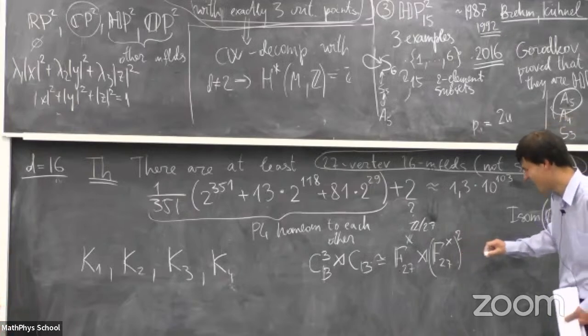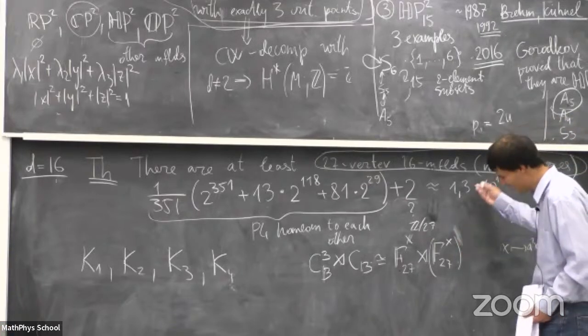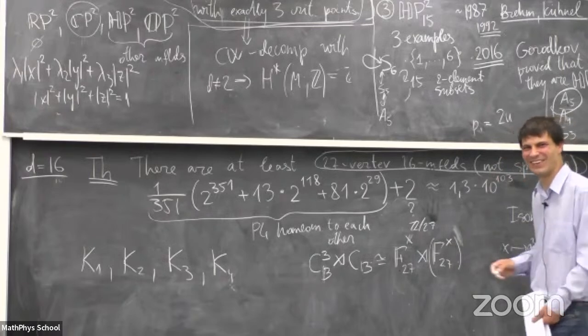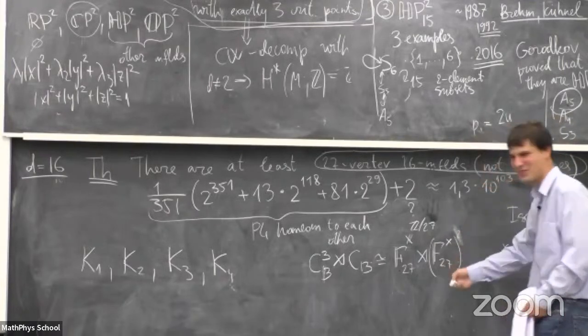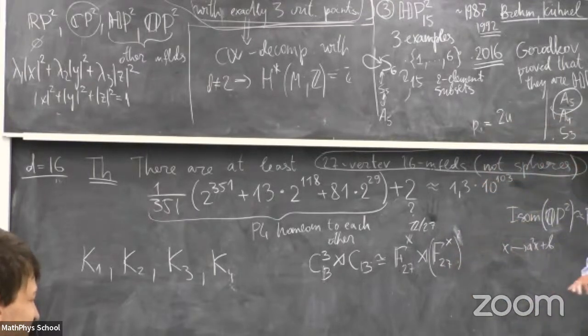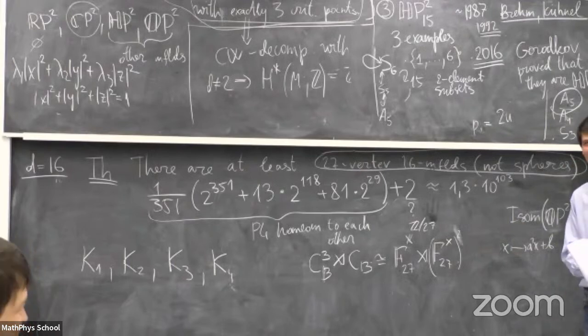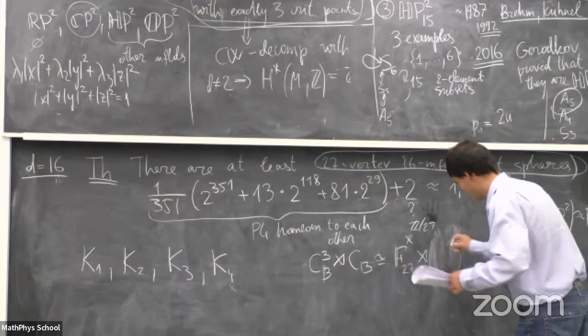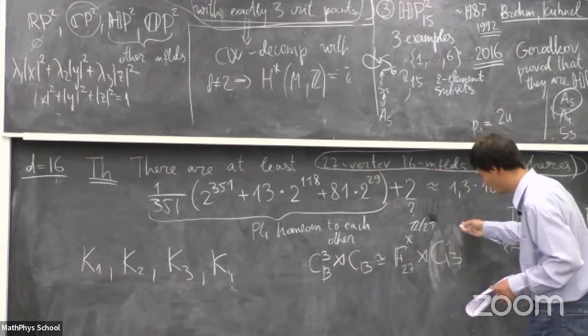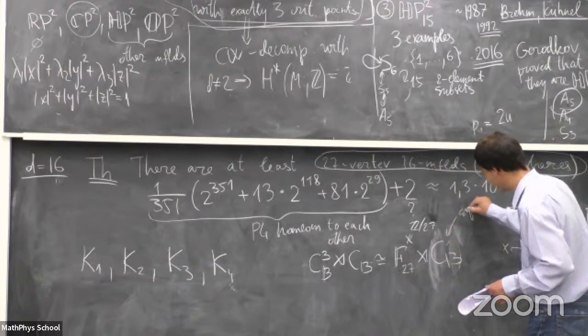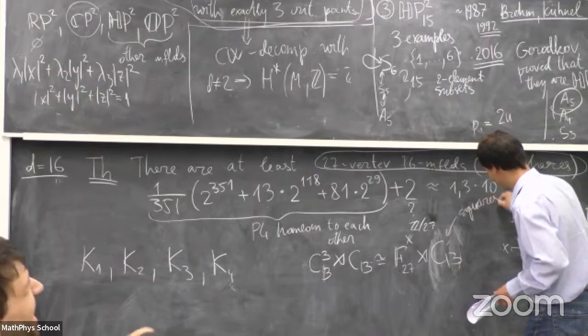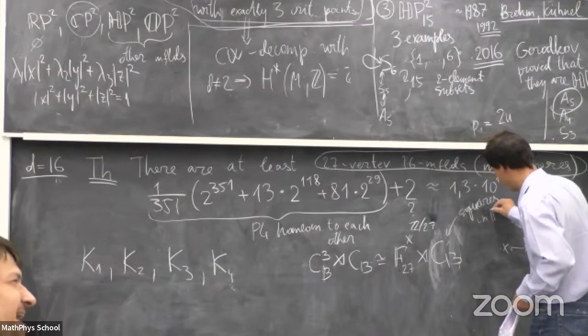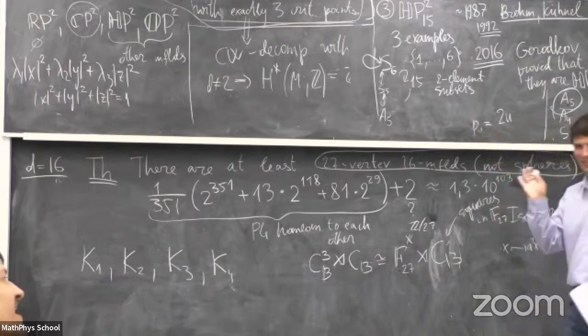Yes, I am sorry. This means the subgroup consisting of squares in F27.